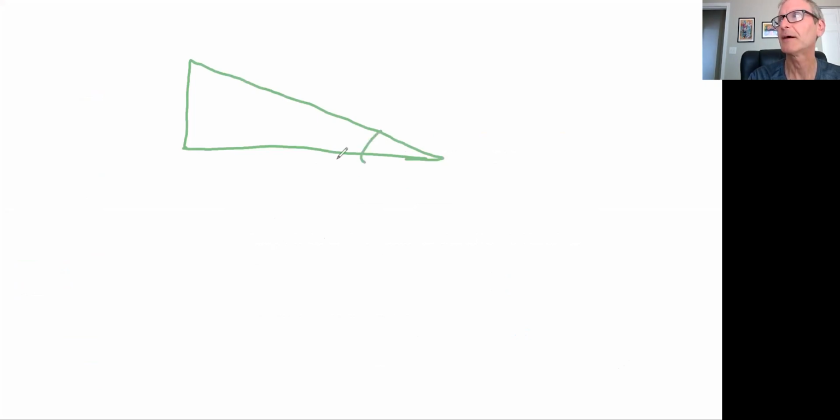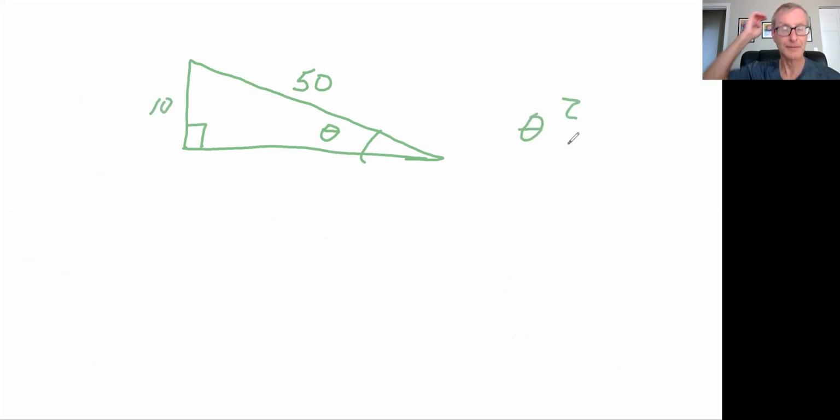So here we have theta, right? And here we're given, this is 50. Here's our right angle here. And this is 10. And the question is, what is theta? What is the angle? Well, you know, in a right triangle that all three angles add up to 180.